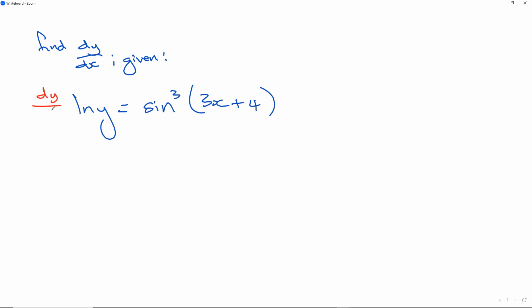Now what if I did dy dx on both sides? Would that be okay? Here I'm deriving y with respect to x, here I'm deriving y with respect to x. And we know that when you derive ln y, right, the derivative of a natural logarithm is 1 over x.